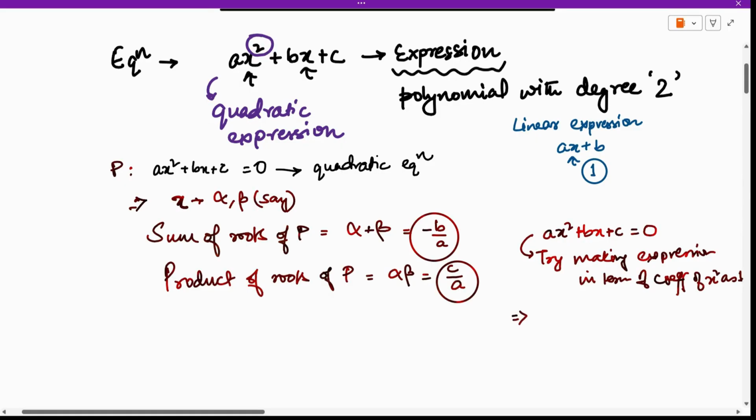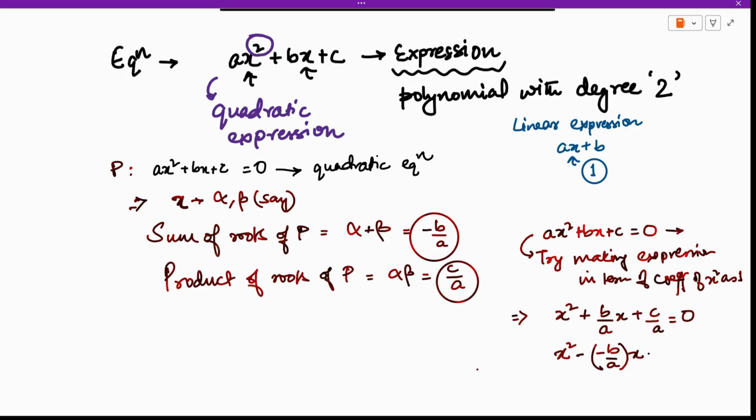So to make that, we need to divide the entire expression by a. So if we divide this entire expression by a, we get x square plus b by a x plus c by a equals to 0. And x square minus b by a x plus c by a equals to 0.